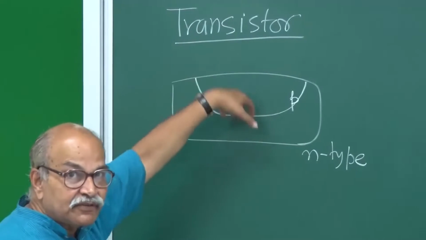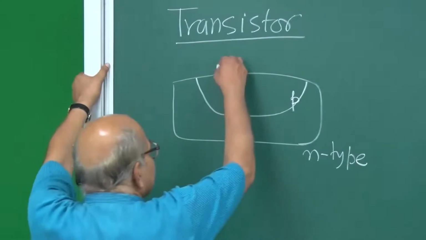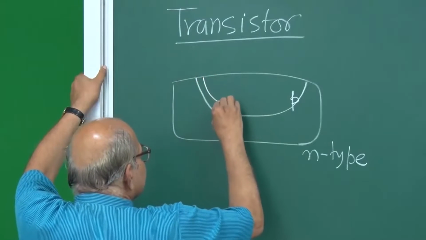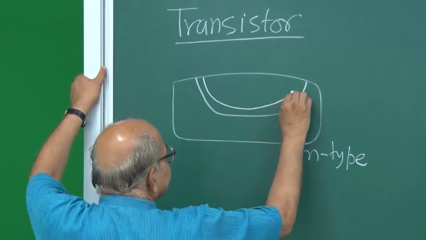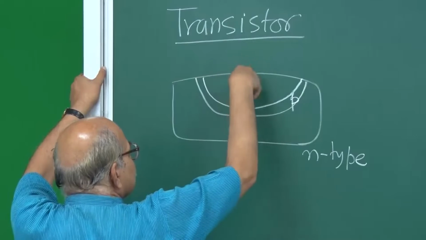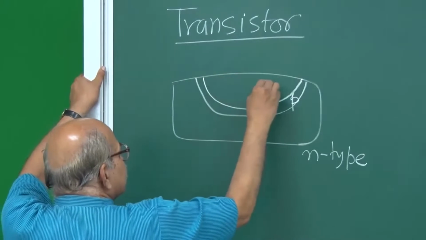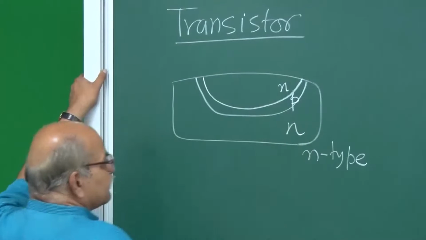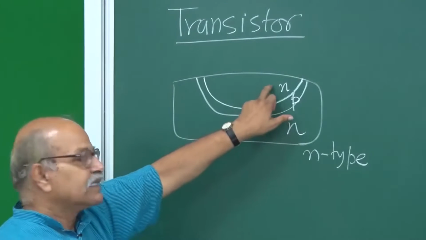Then you further diffuse n-type impurities from the top and make this n-type. So, this was already n-type, this is p-type, and this is n-type.